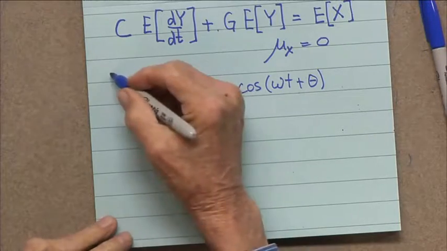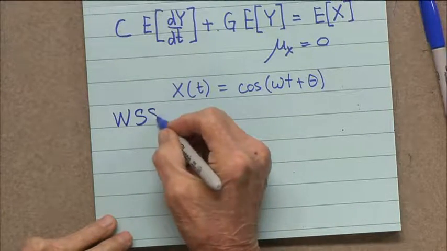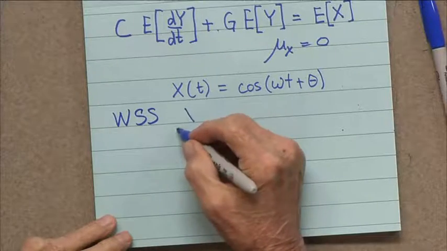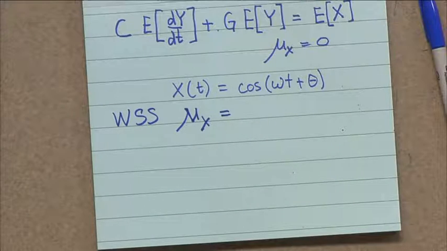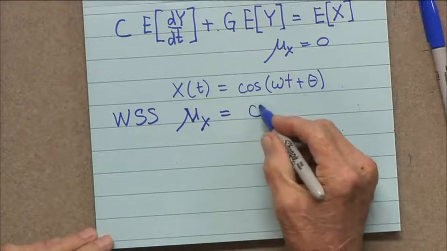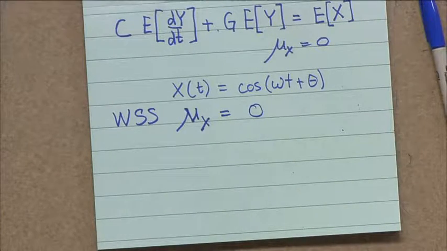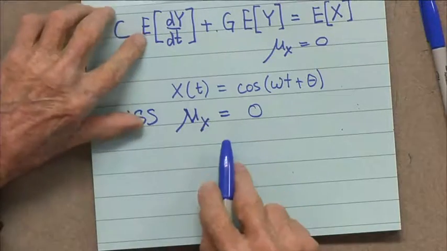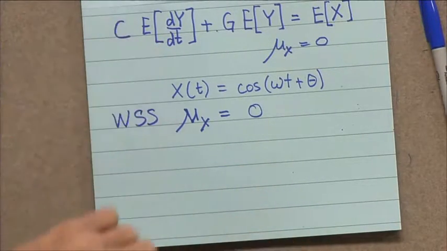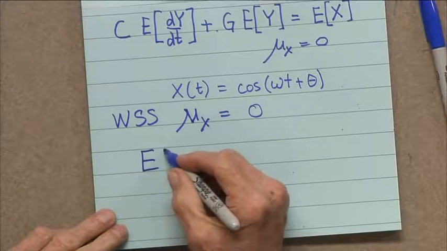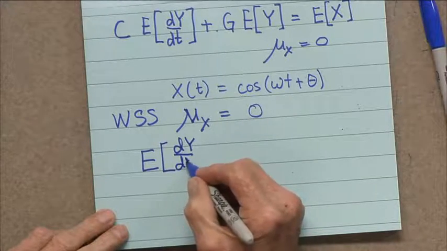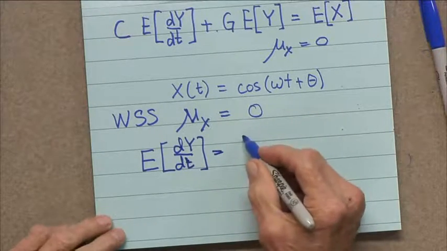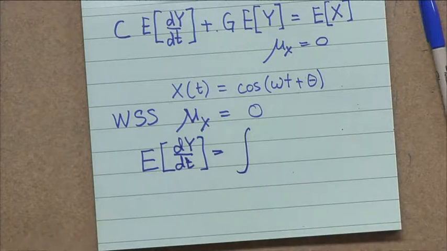So WSS means that mu of x is equal to a constant. And for the sake of simplicity, make that constant 0. So, the expected value of dy/dt is equal to the integral.